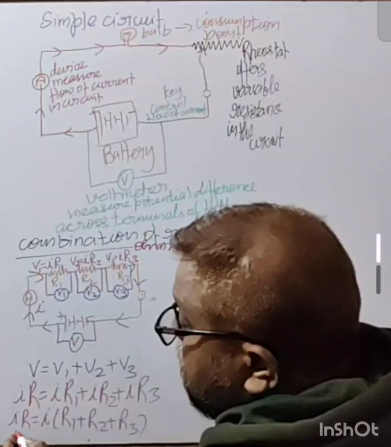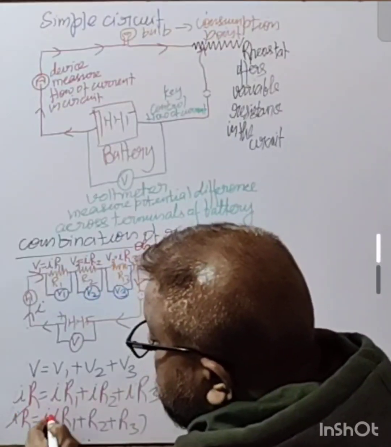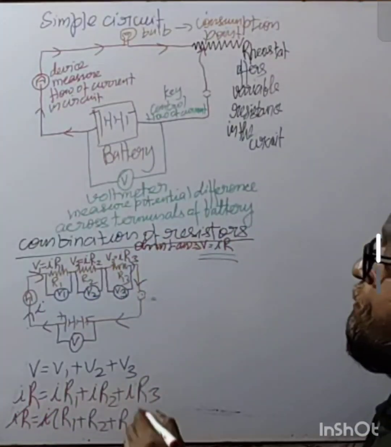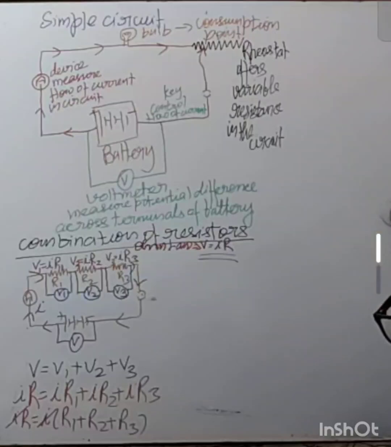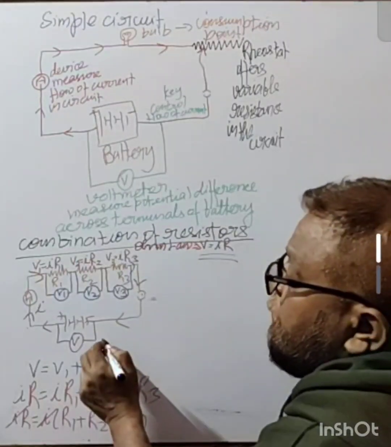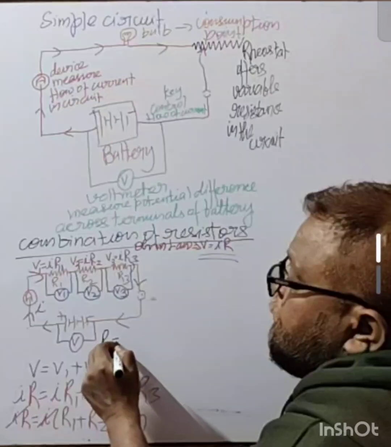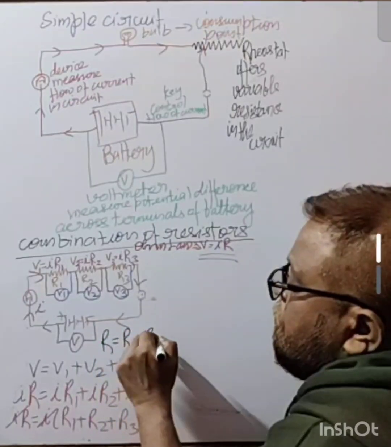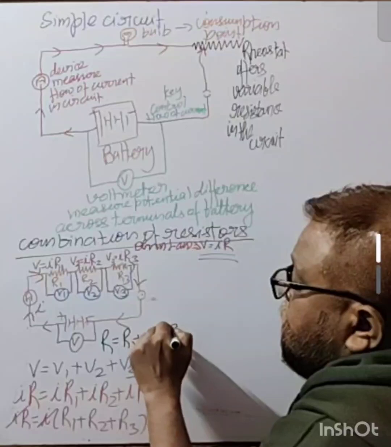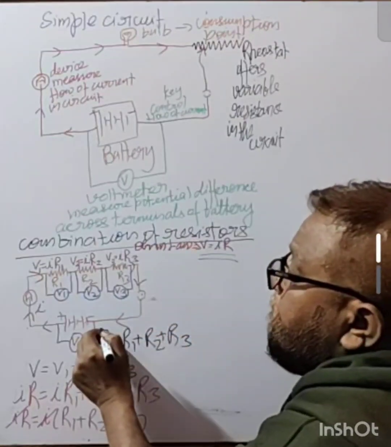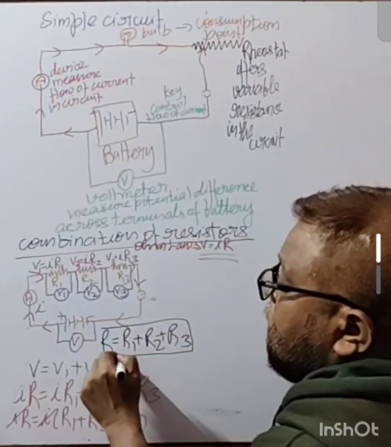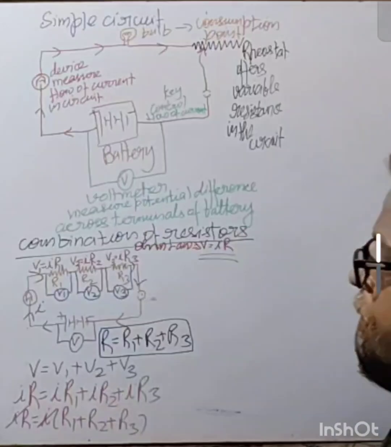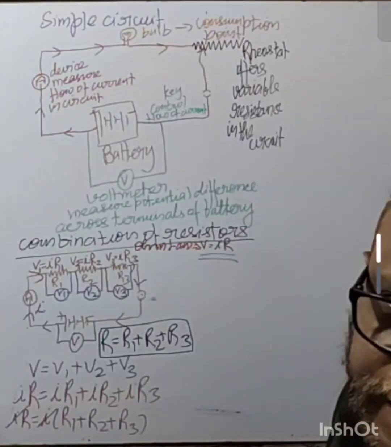This I and I cancel out, then what do you get? Total resistance is equal to R1 plus R2 plus R3. Getting? Is it okay?